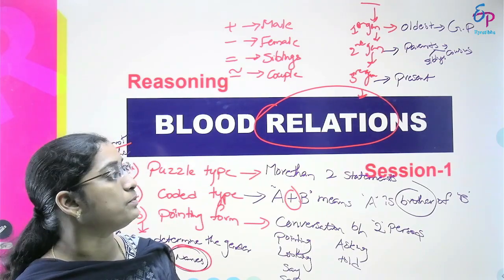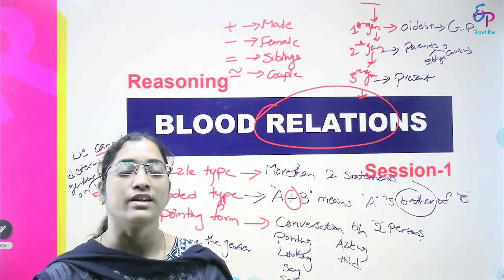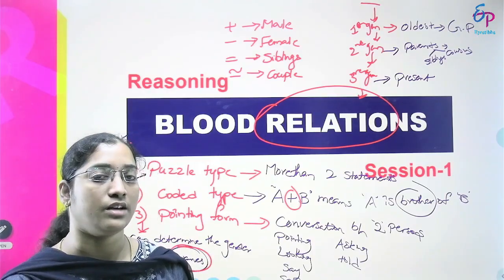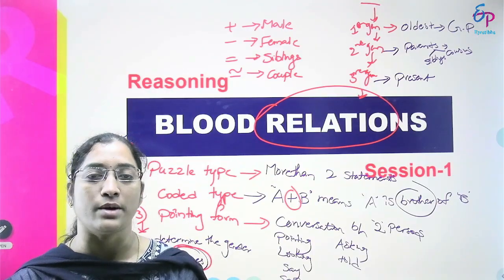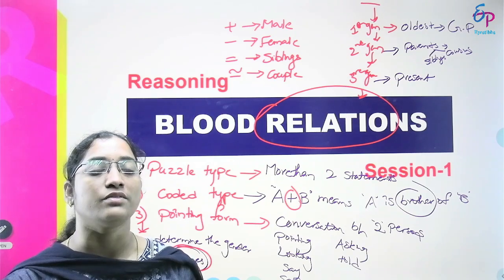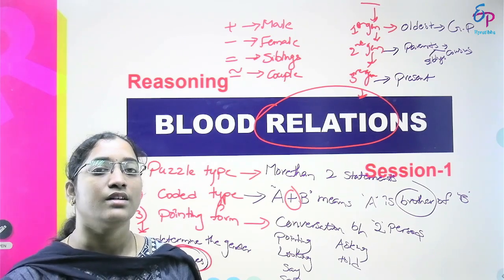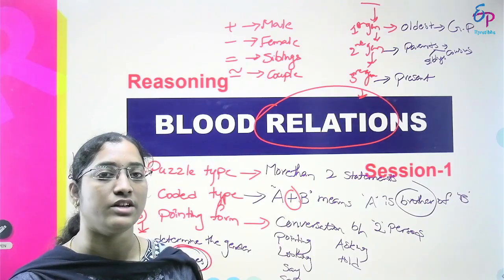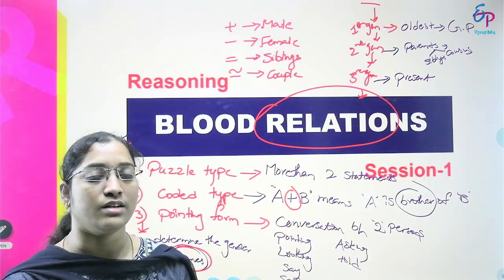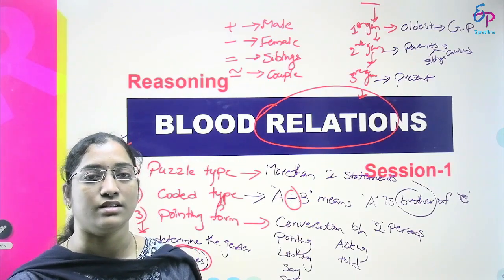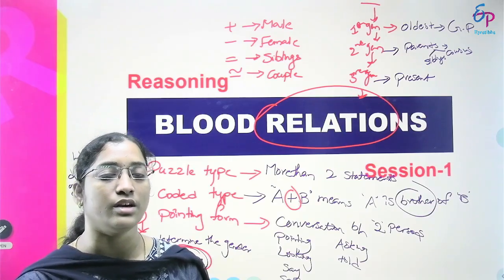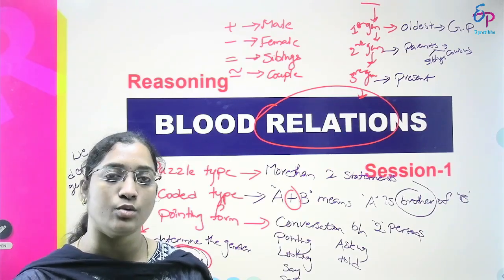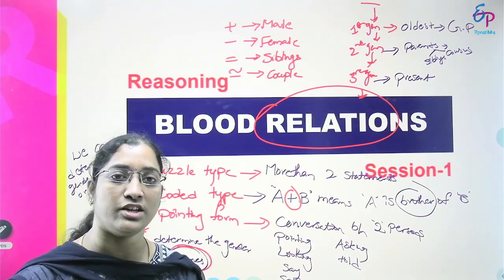But for the blood relations topic, if you have an English paper in your examination, we need to take only English blood relations. That means we use what we call our relatives in the English language. We are not using any Telugu relationships or any other language relationships, friends.